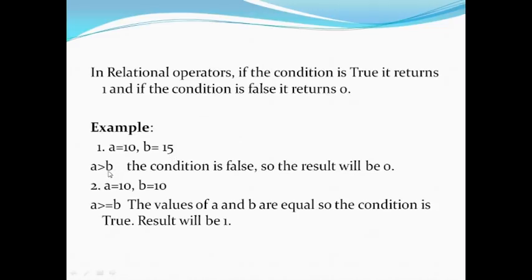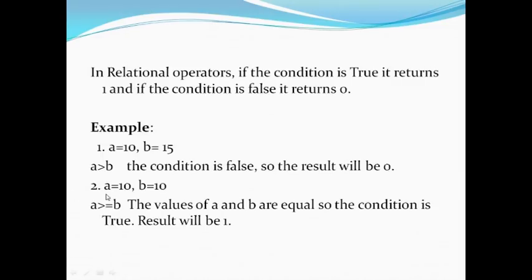One relational operator which we take is greater than operator. We check whether A is greater than B. The value of A is 10 and the value of B is 15. 10 greater than 15, the condition is false. If the condition is false, it will return the result as 0.